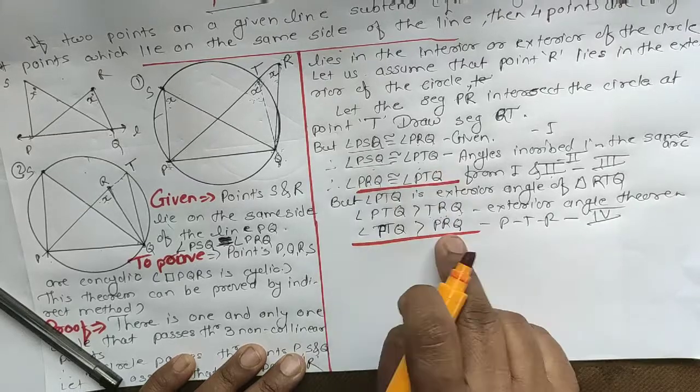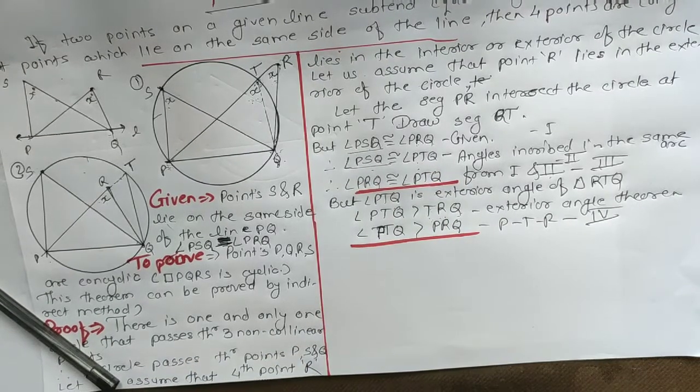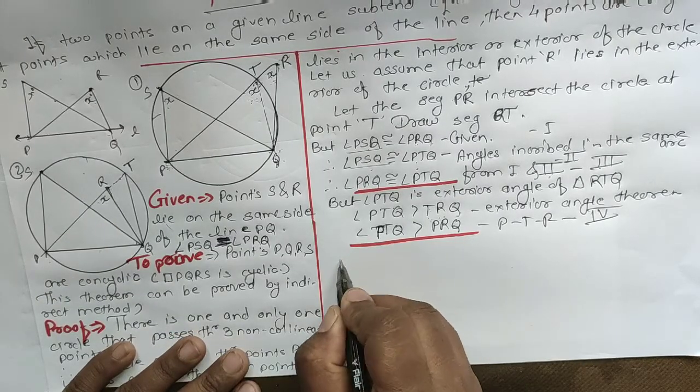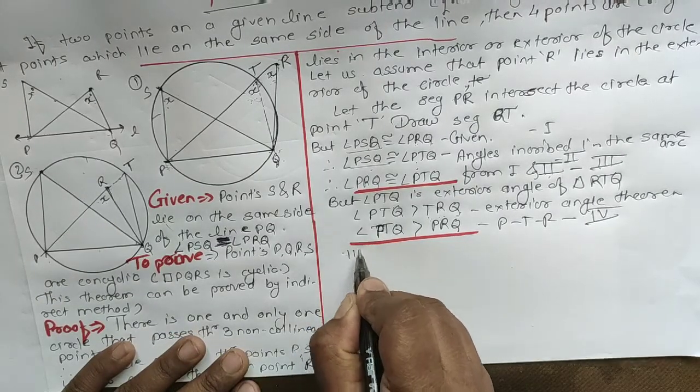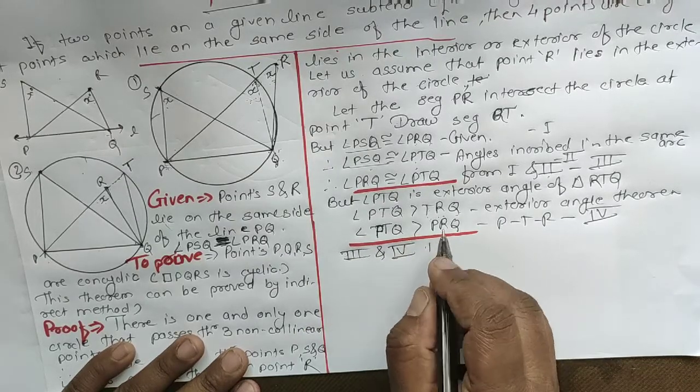Here we are saying equal measure, and there we are saying greater. So these two statements, the third and fourth, contradict each other.